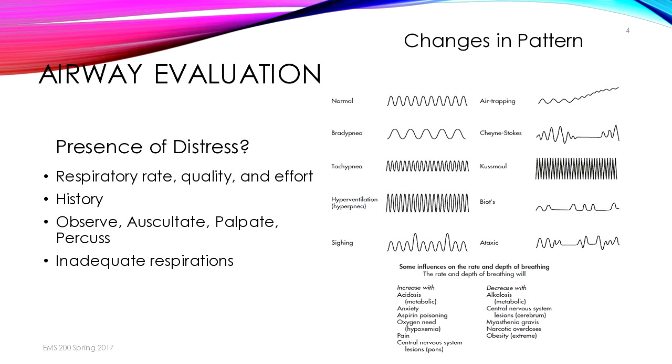Inadequate respirations can be broken down into two components: inadequate ventilation and inadequate oxygenation. Inadequate ventilation basically means that there's a problem with the mechanics of the breathing. There's a problem keeping the air from coming in and out.